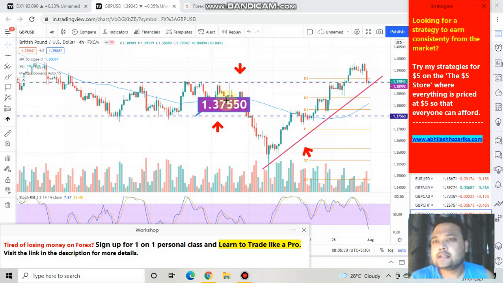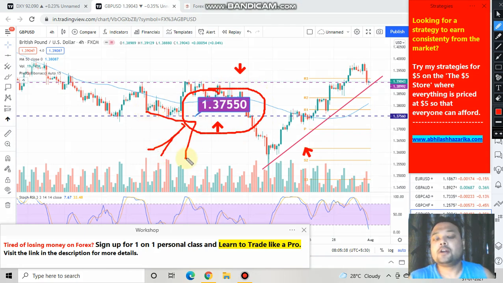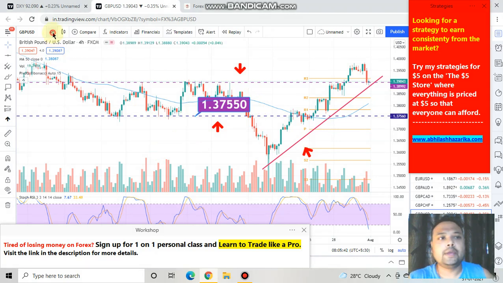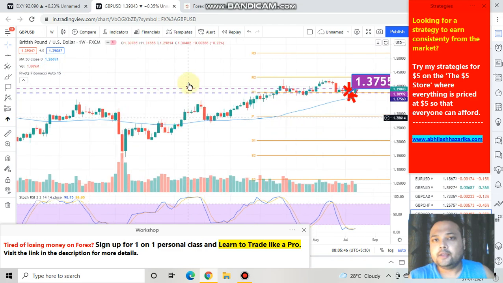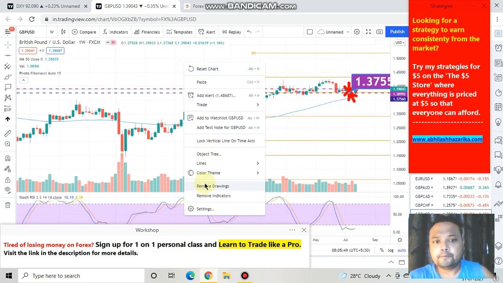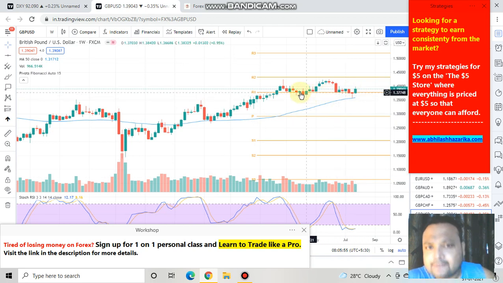Now let's come down to this level, 1.37550. This is the most important level in the chart of the GBP USD, because this support level belongs to the weekly chart. If I take you to the weekly chart here, you can clearly see that the market has taken support at this level, and this level has been acting as a support for quite some time, for a couple of months.